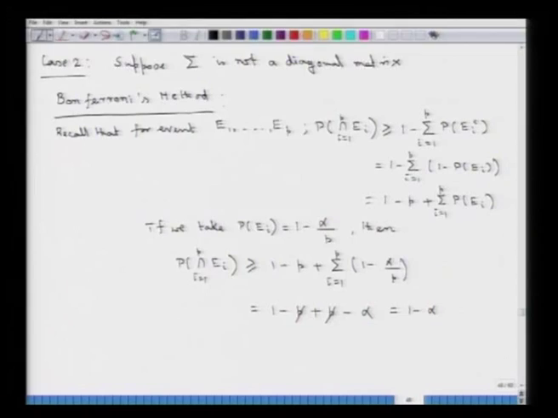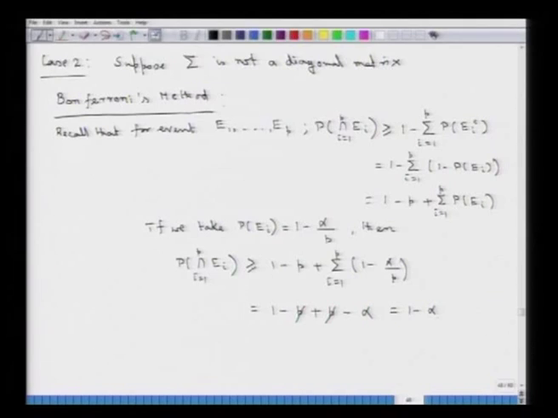Now, we have seen that for such p events E1, E2, Ep, the probability of the intersection is greater than or equal to 1 minus alpha, if we can choose probability of Ei to be equal to 1 minus alpha by p. This leads us to the thought of construction of the simultaneous confidence intervals such that the coverage would be greater than or equal to 1 minus alpha.